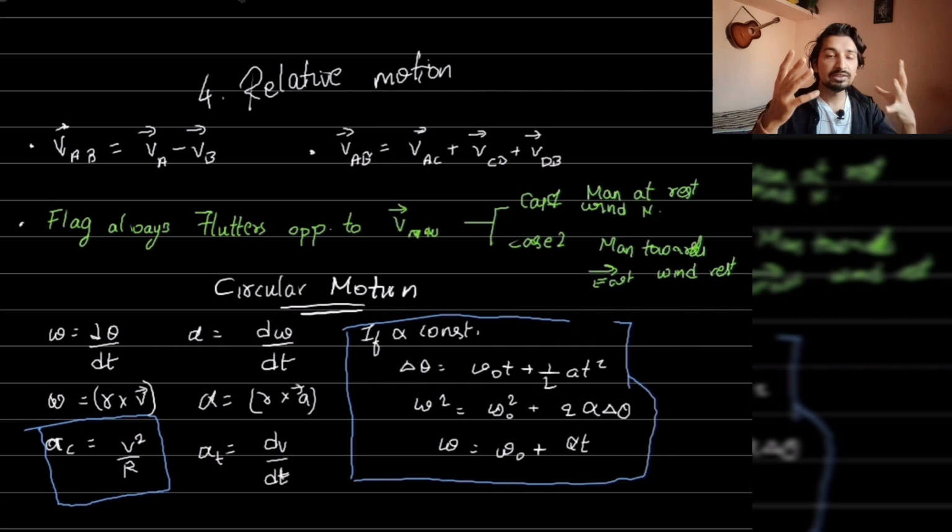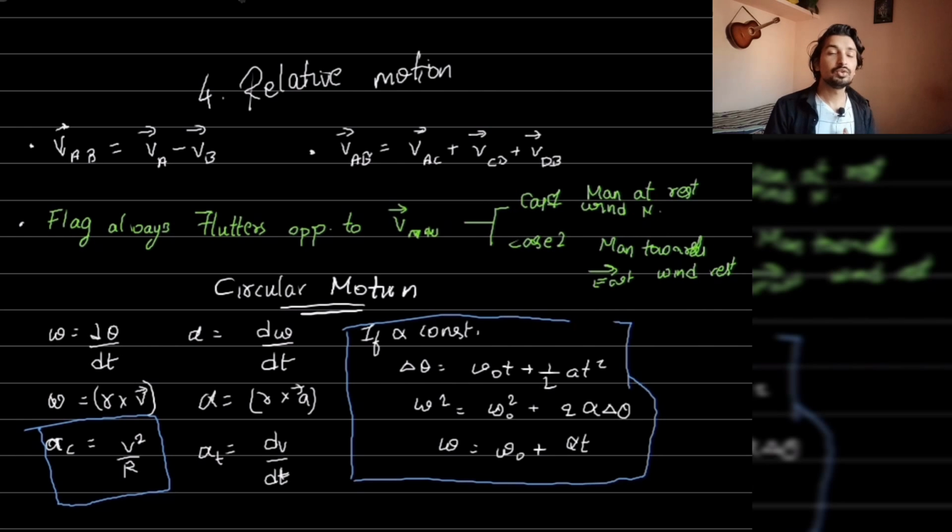All the kinematic equations that you used for constant acceleration, you can use for this: delta theta is equal to omega naught t plus half alpha t square. Here alpha is angular acceleration, omega naught is initial angular velocity, and delta theta is angular displacement. Omega square is omega naught square plus 2 alpha delta theta, and omega is omega naught plus alpha t.